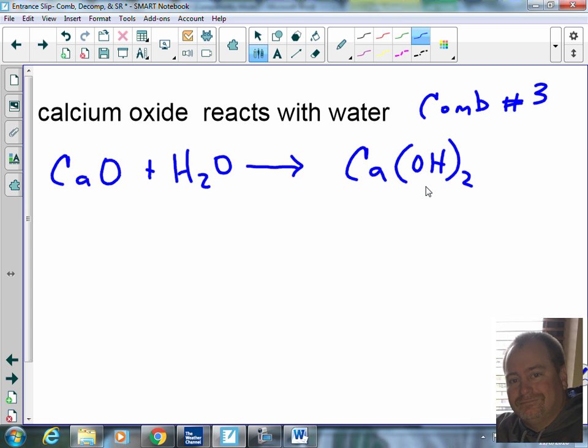Combination. Plus water yields metal hydroxide. Okay? So I knew it was going to be a metal hydroxide. I just had to determine what my metal was. In this case, my metal was calcium. I went back and I checked. Is calcium group 1 or 2? Yeah, it is. It's an alkaline earth metal, group 2. So, yes, it does fit my bill.